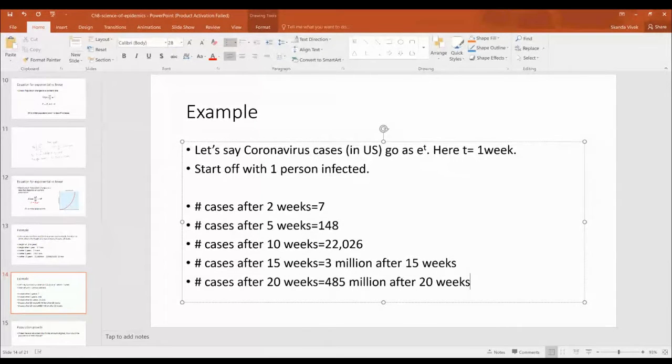So exponential is actually a good model for the first initial rise. So right now, I think exponential is still a good model, but hopefully things change, and things definitely change.